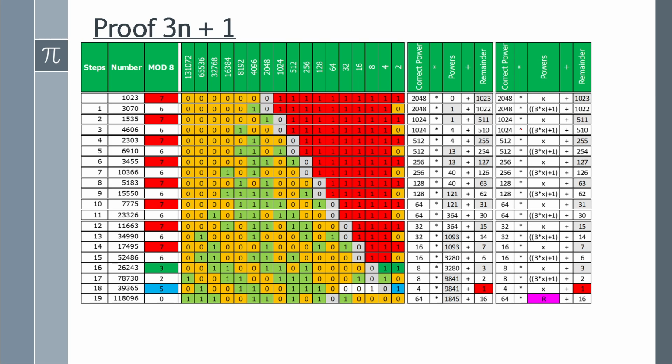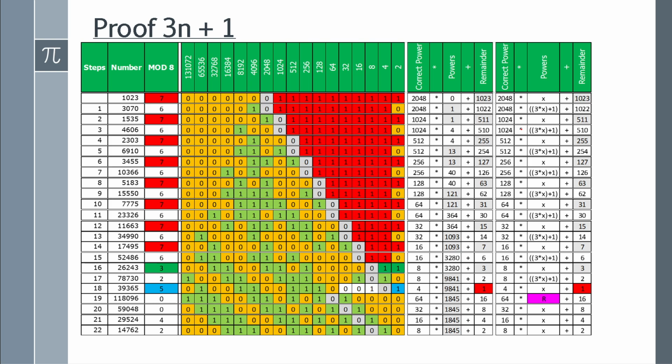And so now we're at 16, and since our remainders are even, we're going to divide, right? So we're going to divide 4 times. 1, 2, 3, 4. And we're at a 5 mod 8, so we're going to do a loop reset, but you can see we're going to do a large one, right?